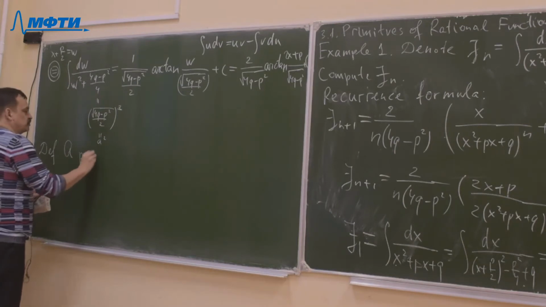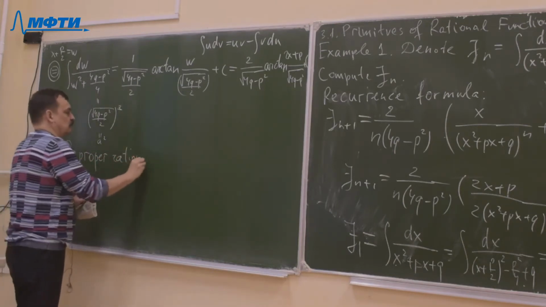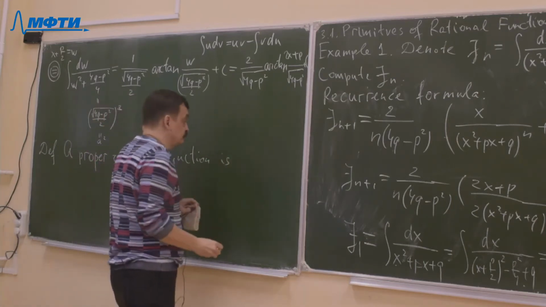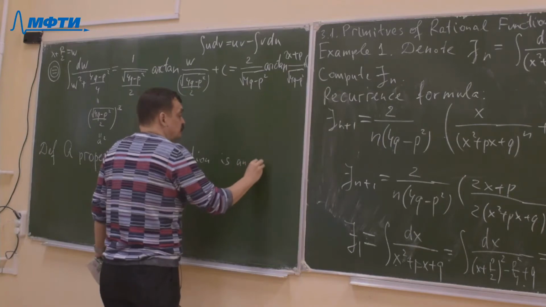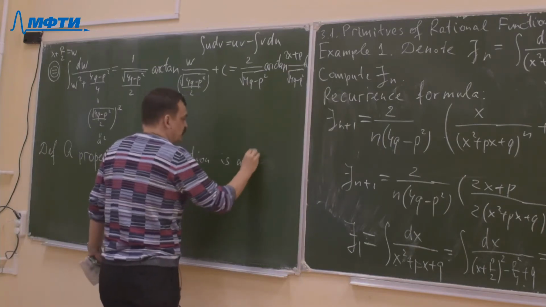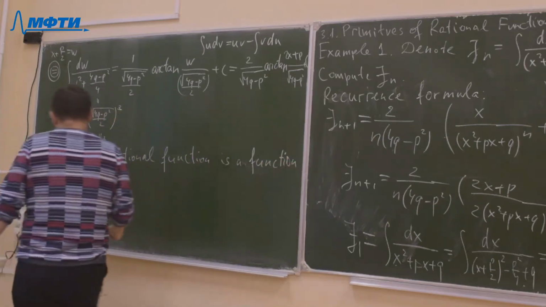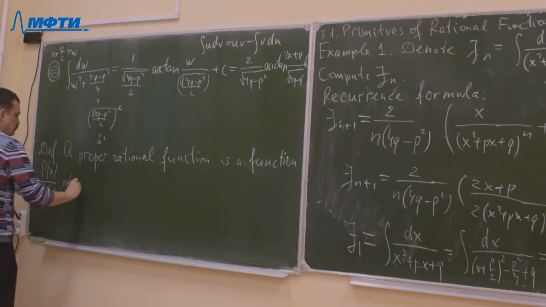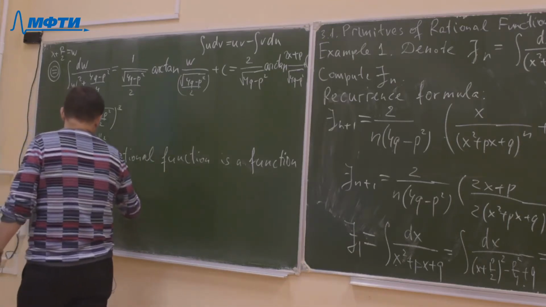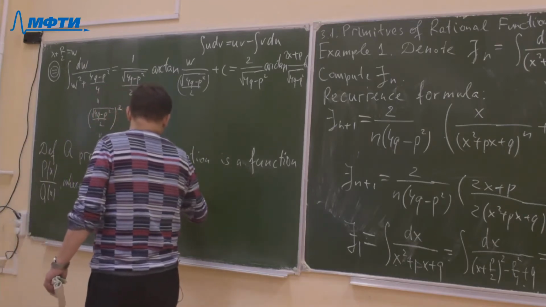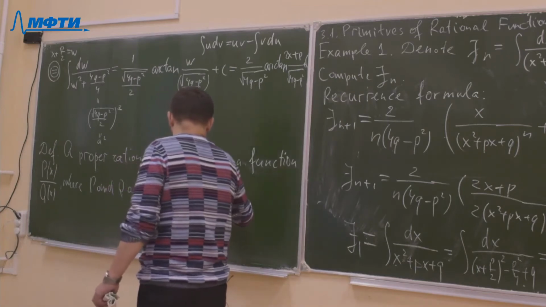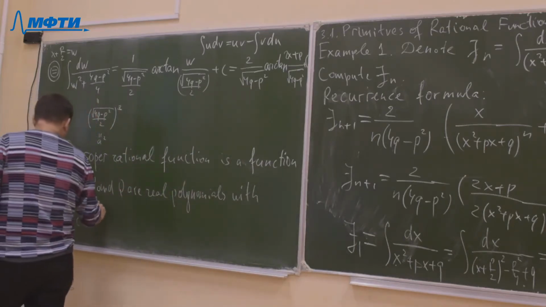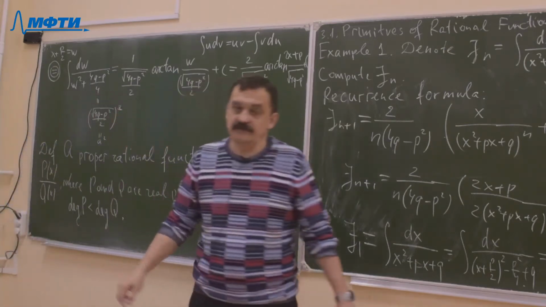A proper rational function is a function p of x over q of x, where p and q are real polynomials with degree p strictly less than degree q. So that is a proper rational function.